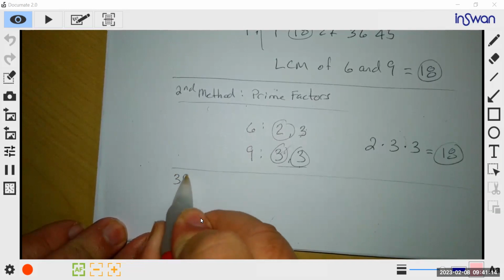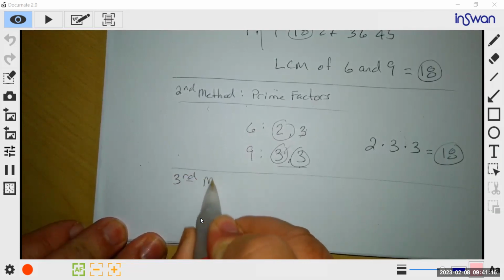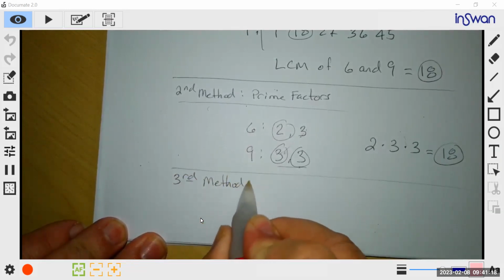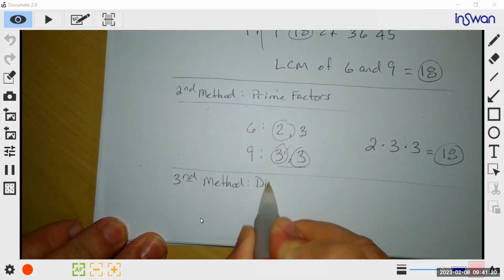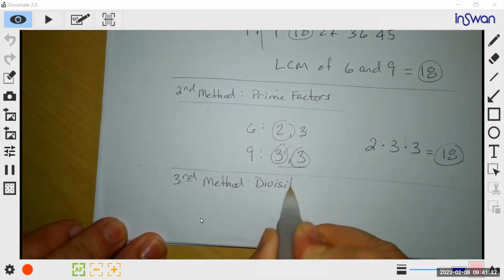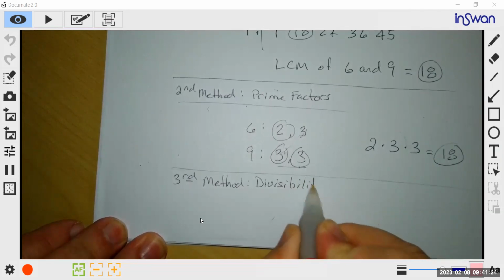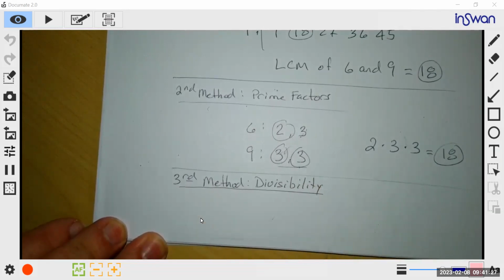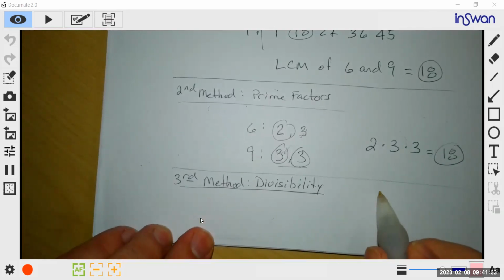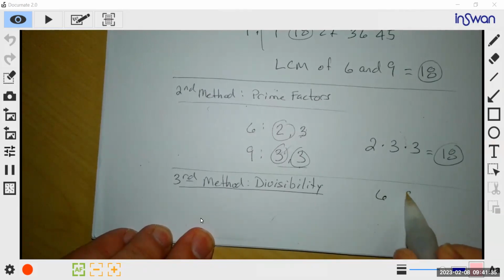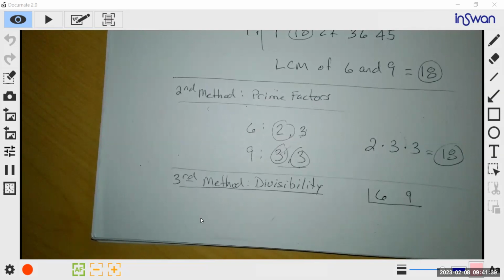The third method is divisibility. So the numbers 6 and 9. So I'm starting with you. Look at the first one.